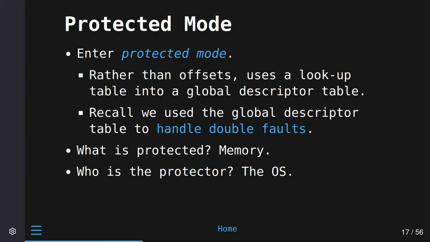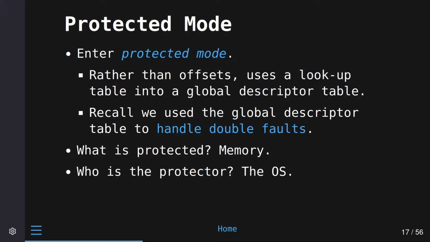Once you have hardware support for kernel and user level mode, you can now have hardware support for kernel and user level memory protection. And what this meant is that the segments were no longer fixed offsets, but were now getting passed through some intermediary, and that intermediary was the global descriptor table.